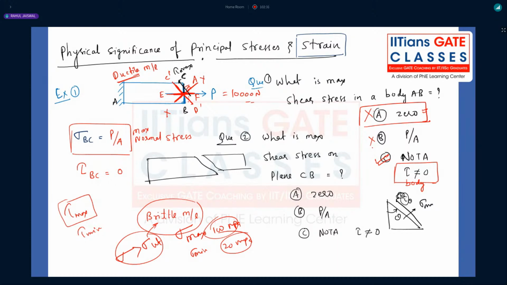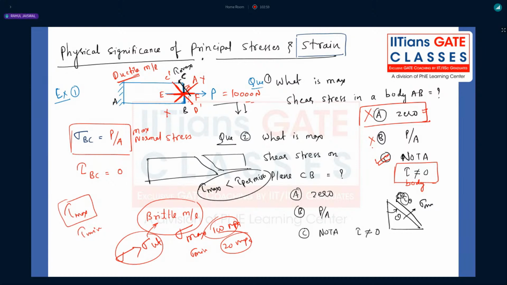So to find the maximum shear stress, we take one plane at an angle theta, and after finding the equation we differentiate it so that we get the maximum shear stress on that plane, so that we can avoid that loading condition. We don't apply that much load. We apply a little bit of load, so that the maximum stress generated will be less than the permissible value.